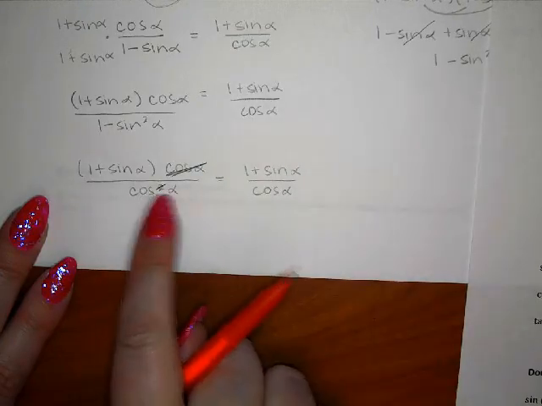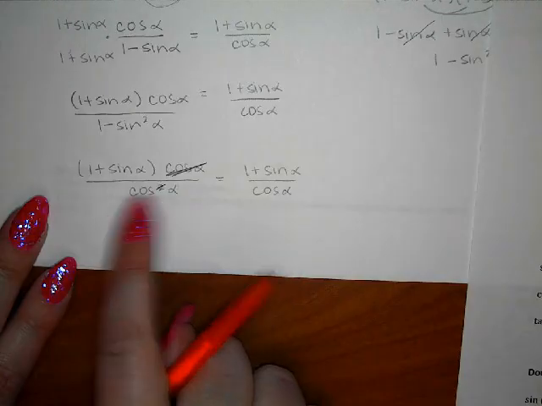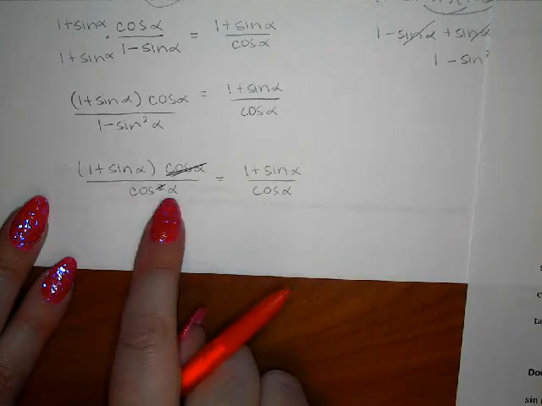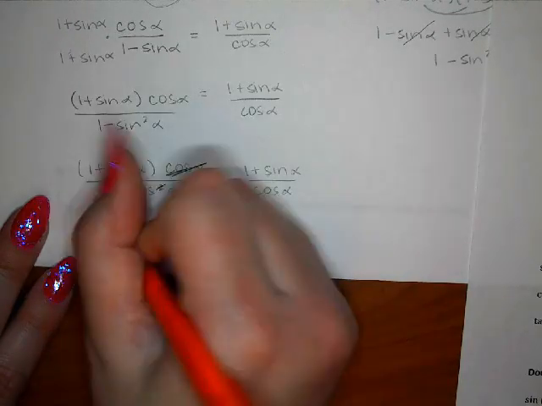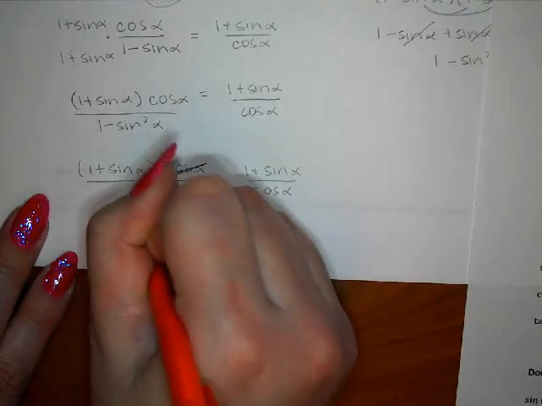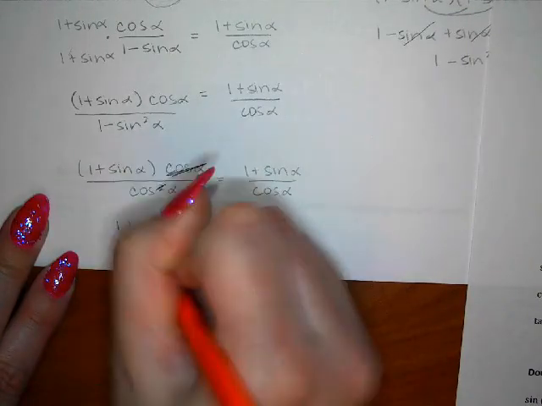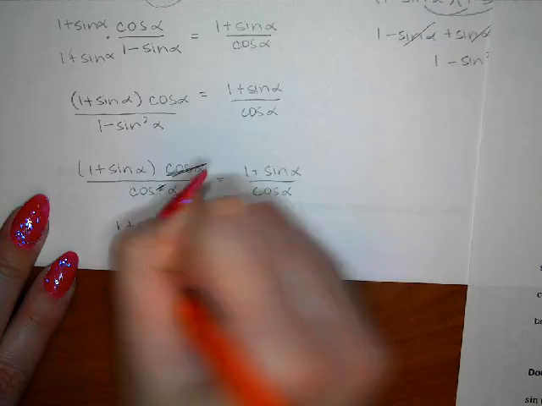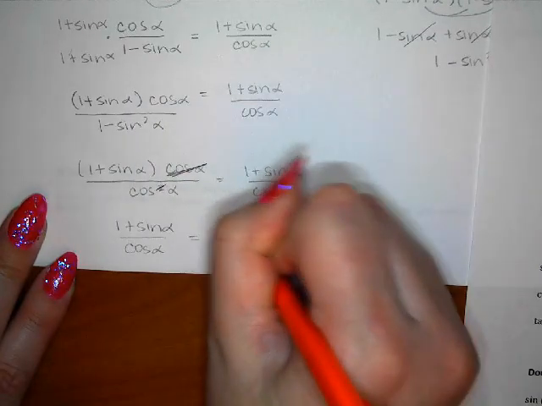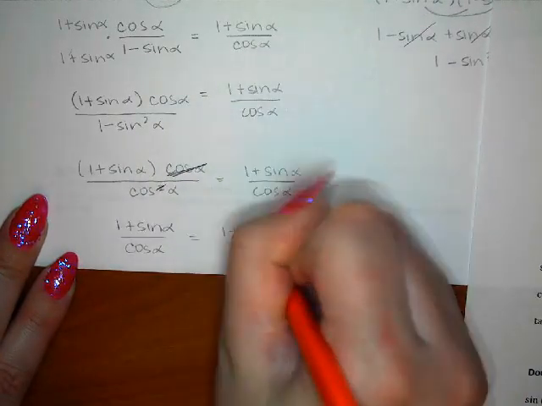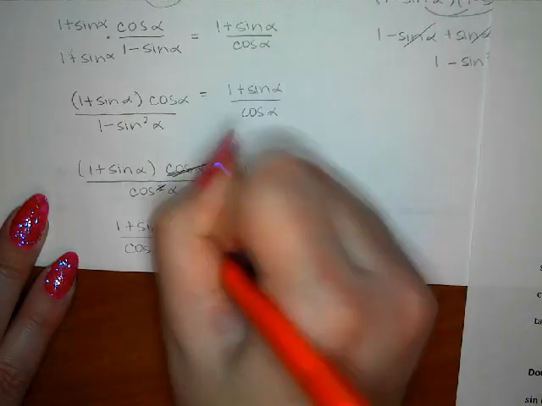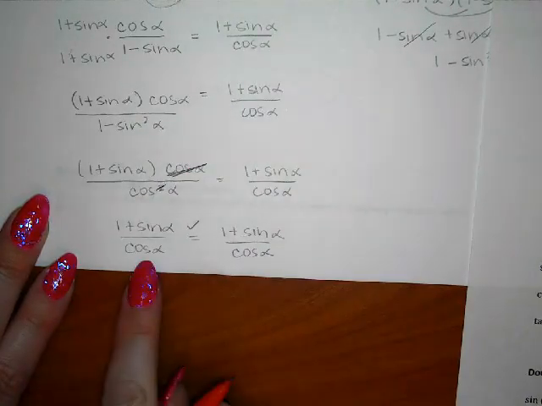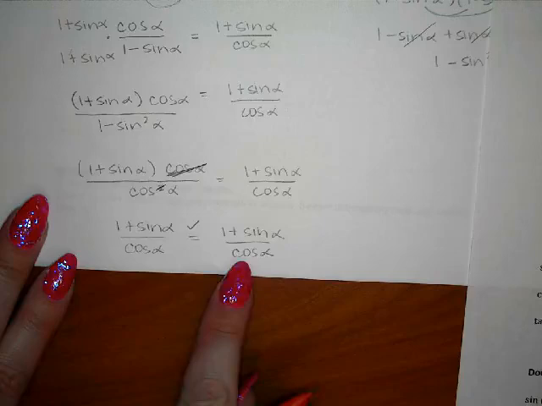And that leaves me with 1 plus sine over cos, equals 1 plus sine over cos. And so I have verified this identity. I've proved that the left side and the right side are the same.